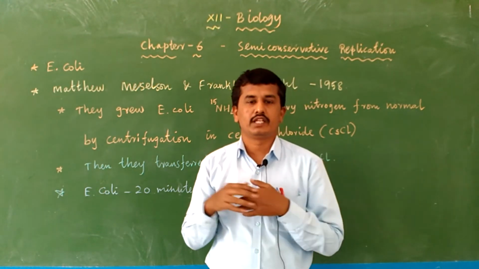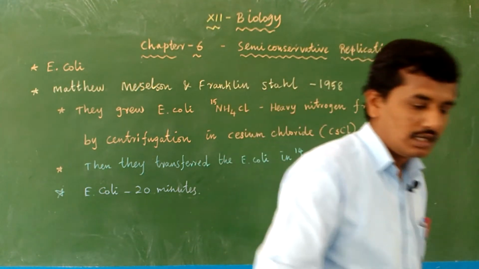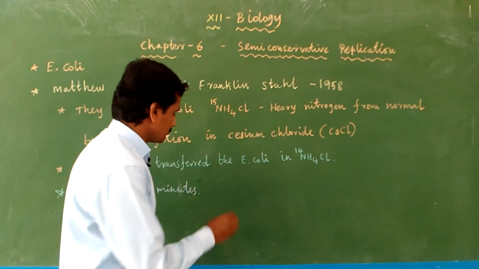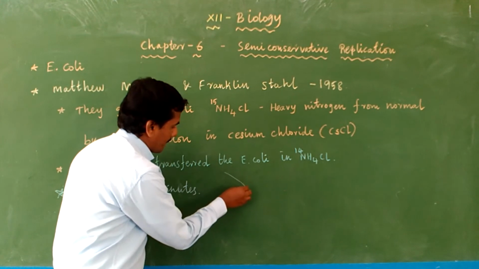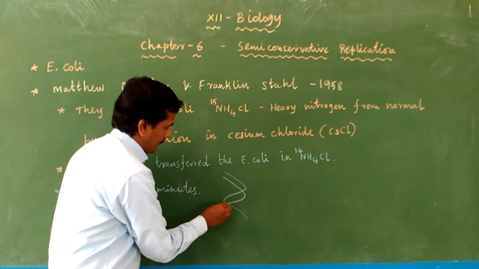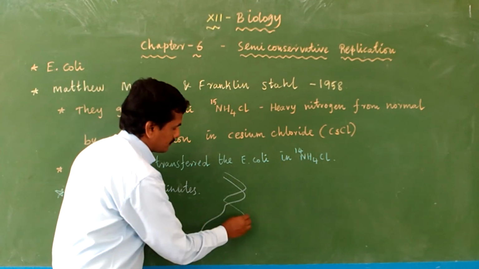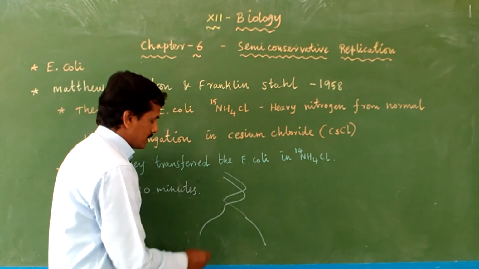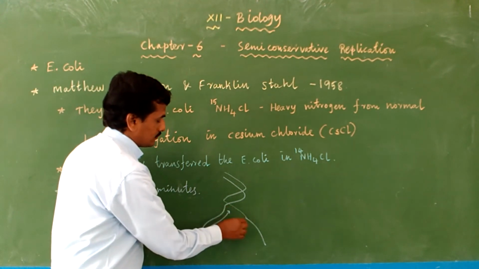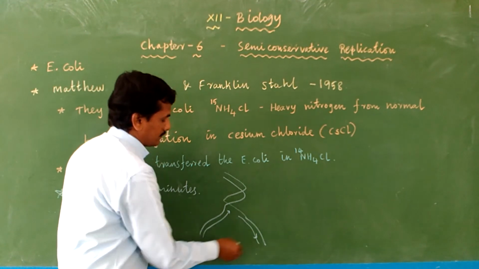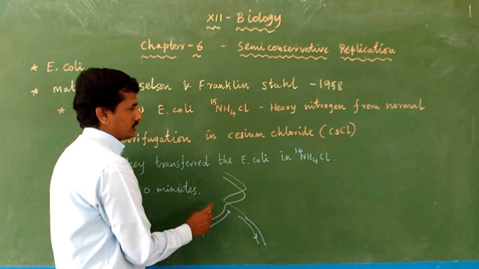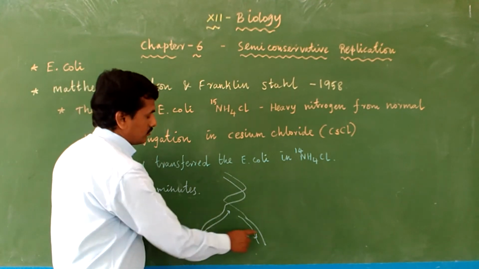How is this replication taking place? I give a small idea of how replication takes place. Listen. Actually, first the DNA separates and it forms another DNA, and now the 2 helical structures form a 4 helical structure.